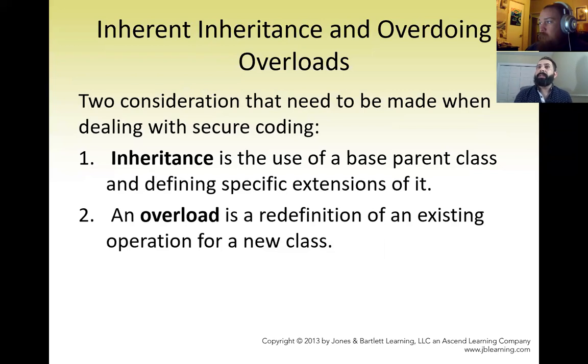Inheritance and overloading are two considerations that need to be made when dealing with secure code. Inheritance is the use of a base parent class and defining specific extensions of it, and overloading is the redefinition of an existing operation for a new class. That's more in programming.